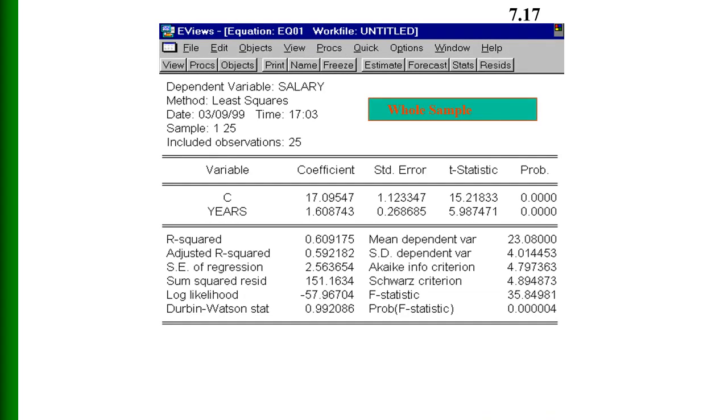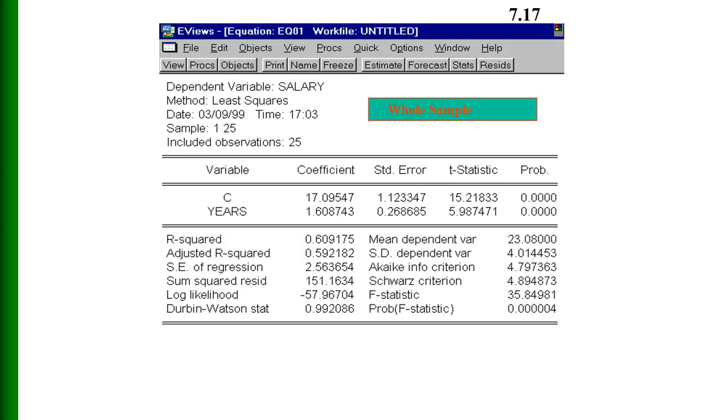This is the whole sample regression output. Salary is the dependent variable, and years of experience is the explanatory variable, and this is the coefficient of the teaching experience. This is the standard error, this is the t statistic, and this is the p-value, and the adjusted R-square is almost 61% or 0.61.